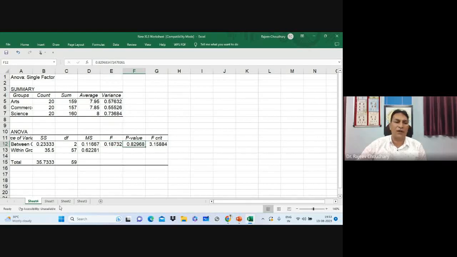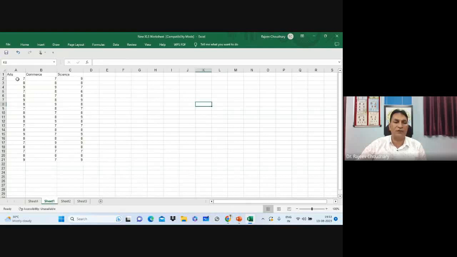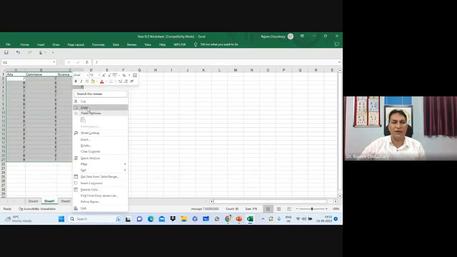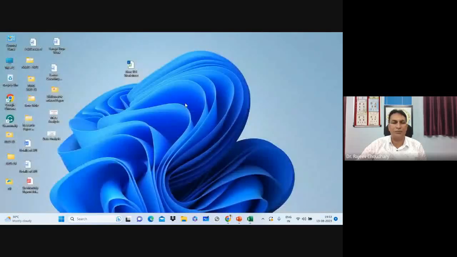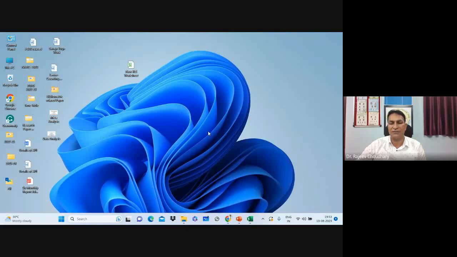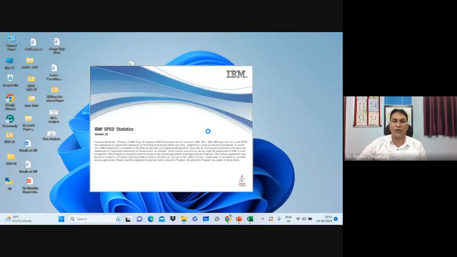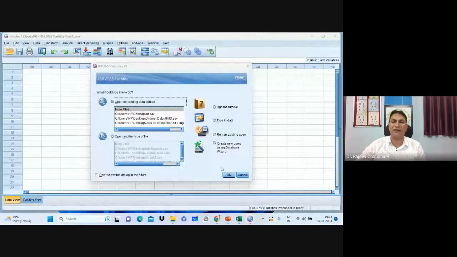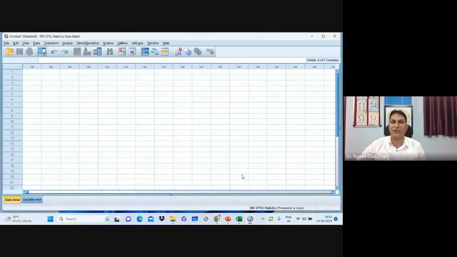Now I am going to copy these 60 scores and paste all these scores in SPSS. Now we are going to analyze by using SPSS, same technique, that is one-way analysis of variance.